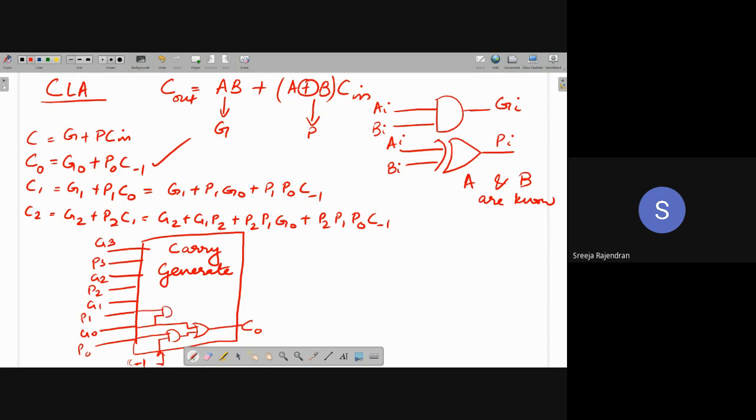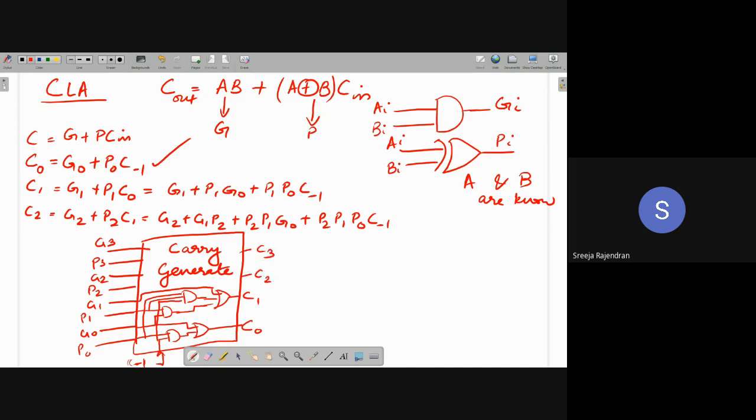Then I have P1 P0 C minus 1, so I take the C minus 1, and I also have P1 and P0. And then this G1. All these three I have to OR together. So I will get C1. Yes or no? This way for each of them I can write, and I will get C2 and C3.